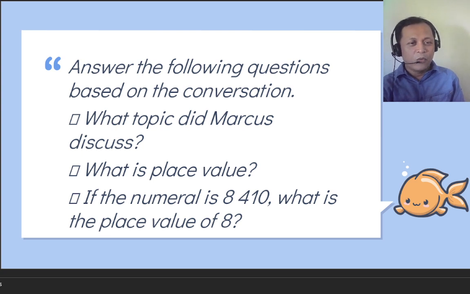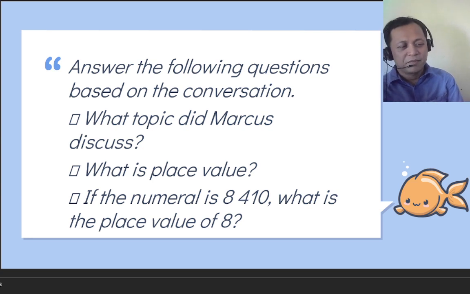The 8 will occupy the thousands value because 0 occupies the ones value, 1 occupies the tens value, 4 occupies the hundreds value, and 8 occupies the thousands place value. So the value of 8 would be 8,000.